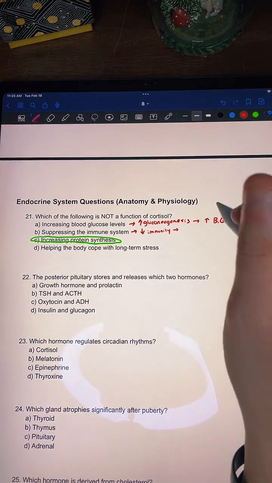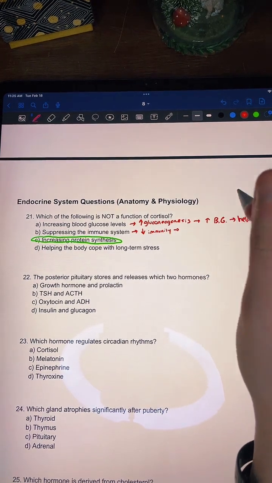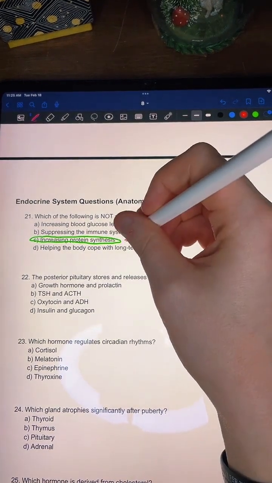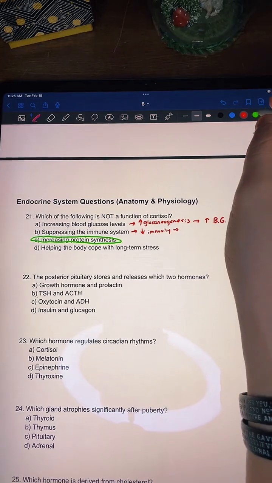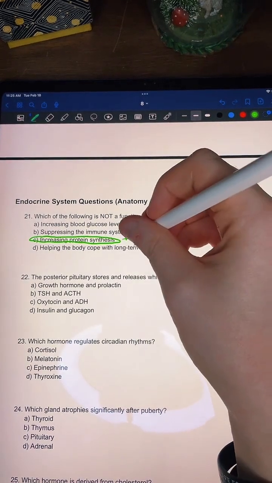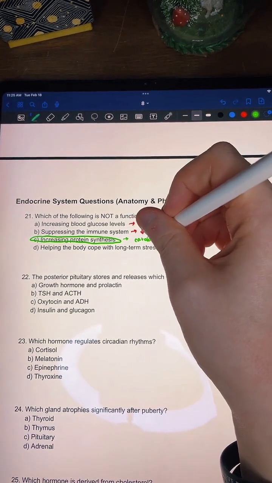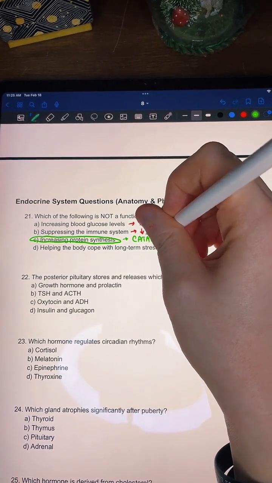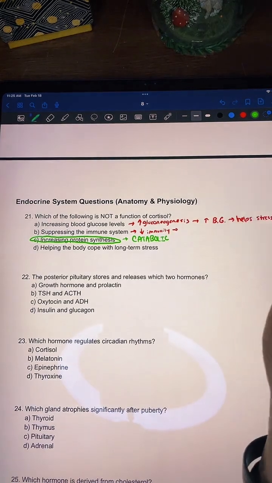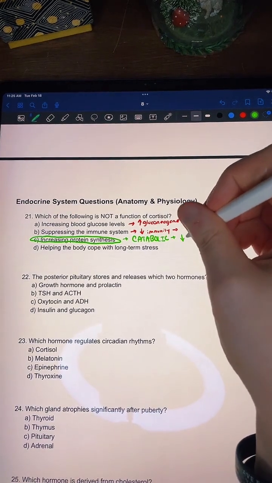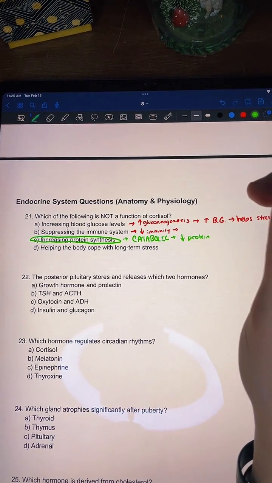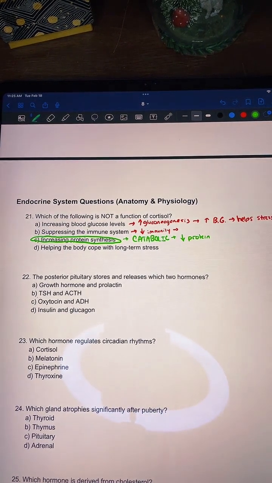But it does increase blood glucose. Cortisol is actually catabolic, which means it breaks down. So that means it would break down protein, so it would not increase protein synthesis.